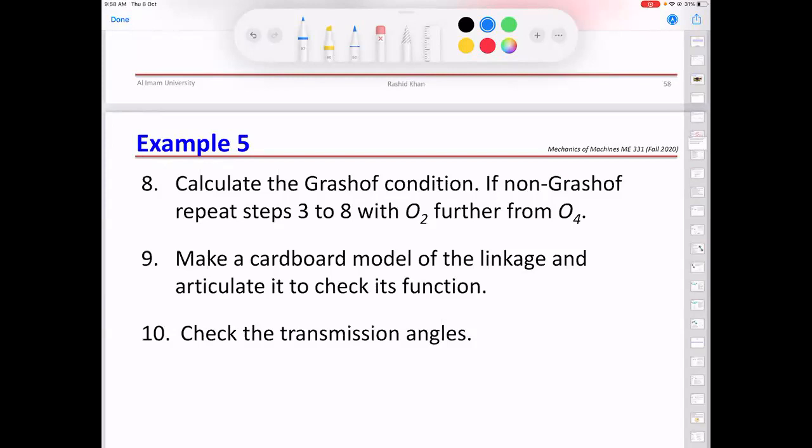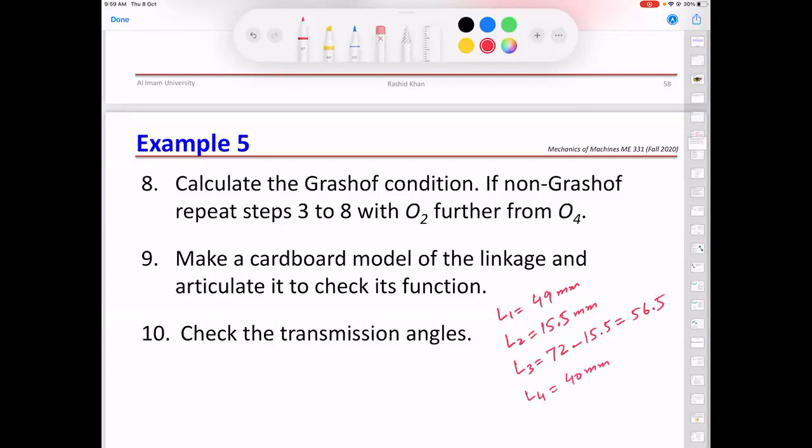Please write these dimensions. Let me write them here so you will understand. L1, which is the ground, we calculated 49 millimeter. L2, we calculated 15.5 millimeter. L3, how did we calculate? We calculated 72 total distance, minus 15.5, which is the crank. It becomes 56.5. L4, we assumed it was 40 millimeter, right?